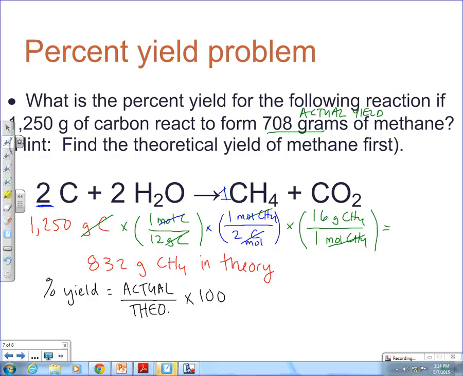So I'm just going to simply plug in my actual yield, which is 708 grams, divide that by my theoretical yield, which is 832 grams, multiply that by 100, and see what I get. I am getting 85.1% yield.